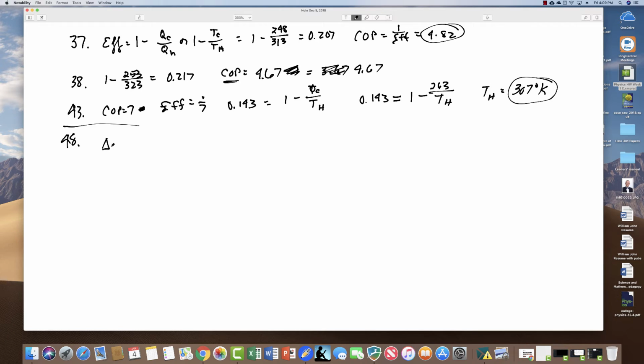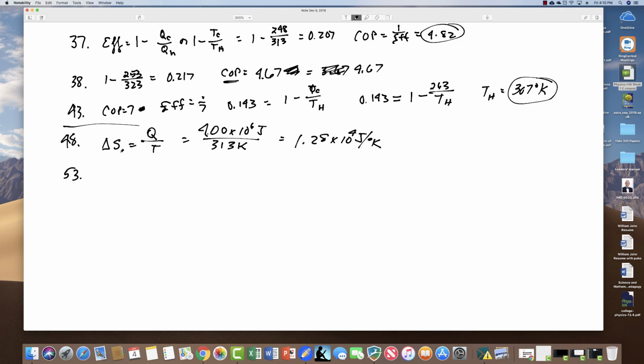Well, the change in entropy is equal to Q over T. So we have 4 times 10 to the 6 joules divided by the final temperature, which is 313 degrees K. So it's going to equal 1.28 times 10 to the 4th joules per degree K.